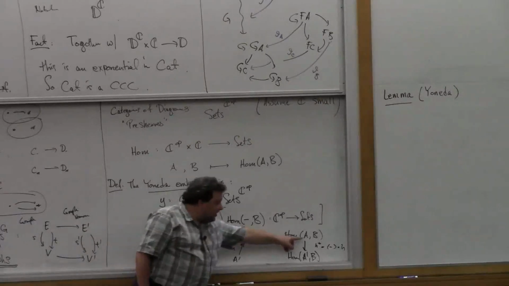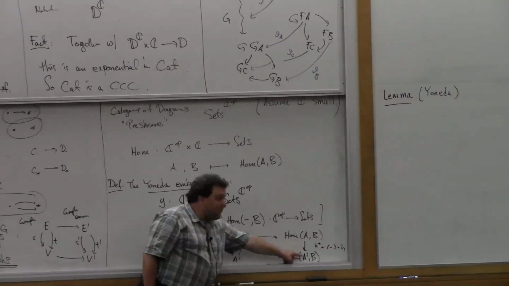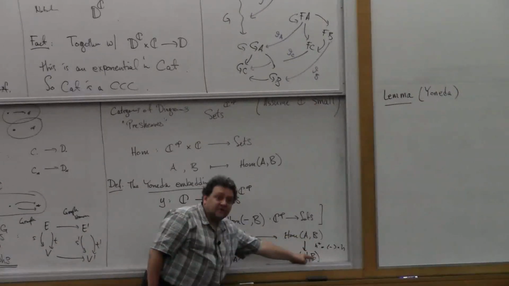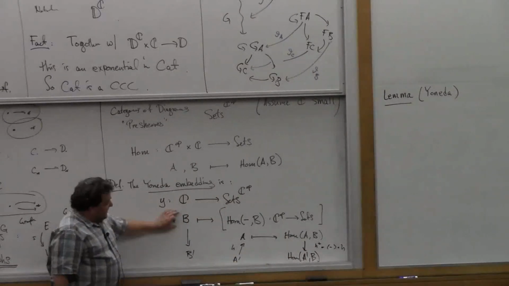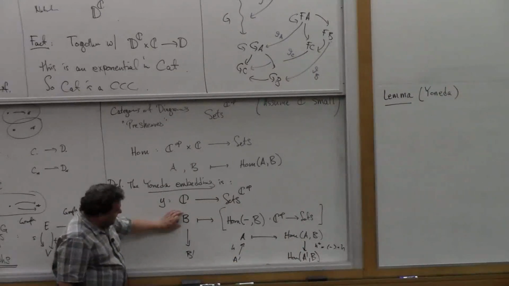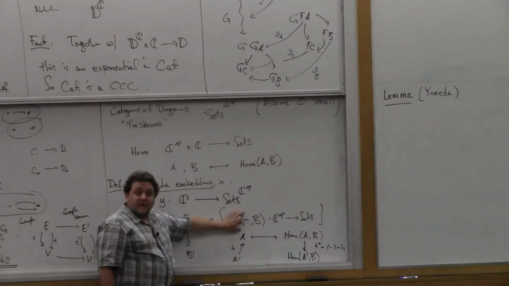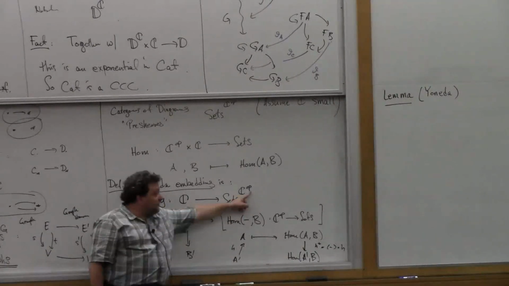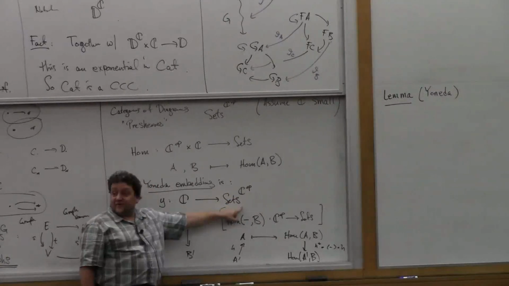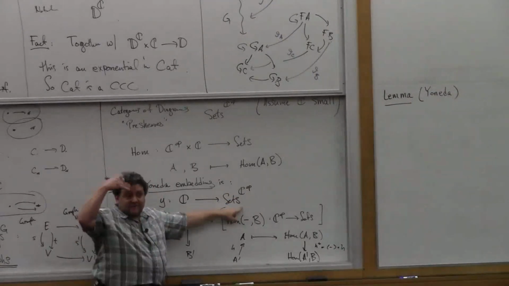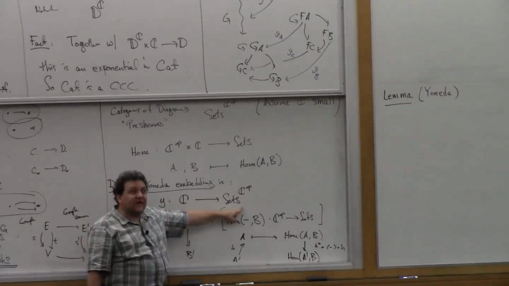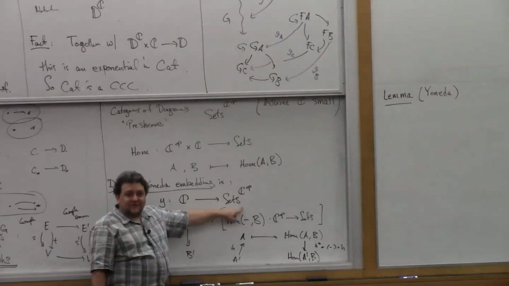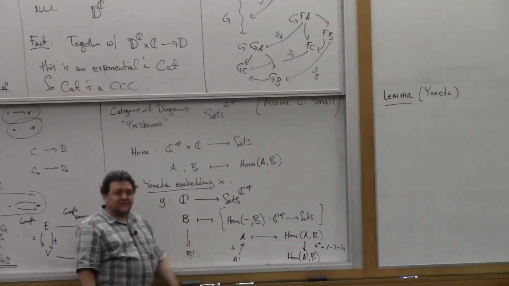This worked by precomposition by A. It works by postcomposition with B. That's all. So this just gave me, for each B, a functor. And now for each arrow here, it gives me a natural transformation over here between those functors. And that's getting to be a higher level of abstraction here that takes a little getting used to. But that's all it takes. It's just one more step of abstraction. It takes a little getting used to.